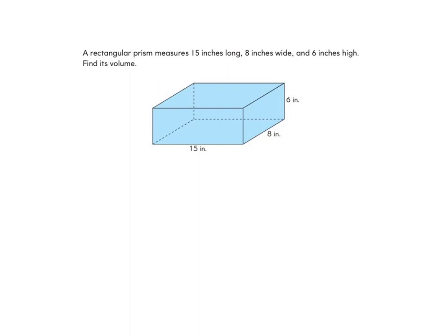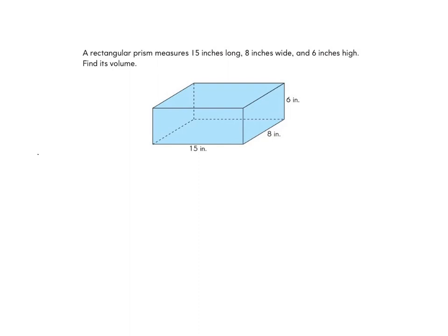So now what we're going to do is take that formula and use that to help us calculate the volume of a rectangular prism. So in this example, our length is 15 inches, our width is 8 inches, and our height is 6 inches.